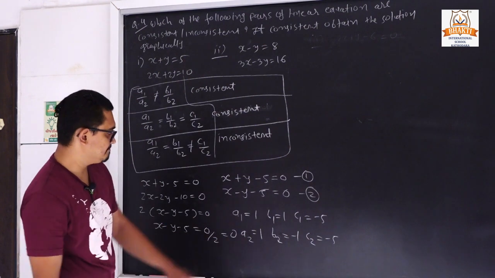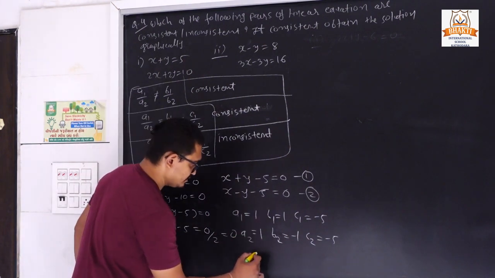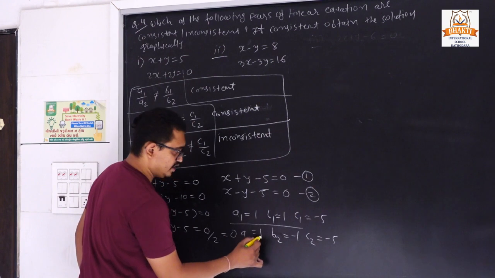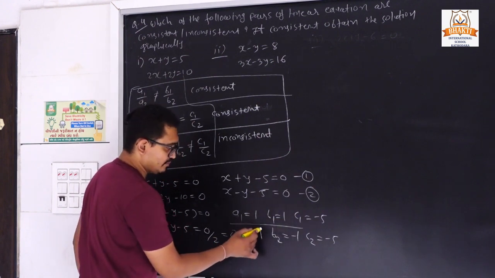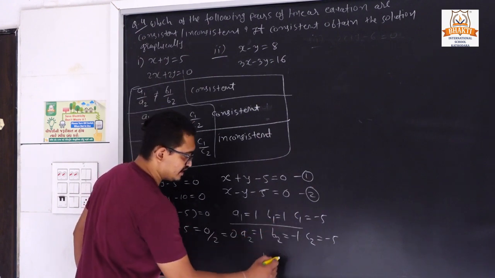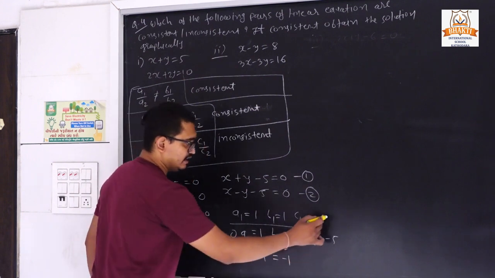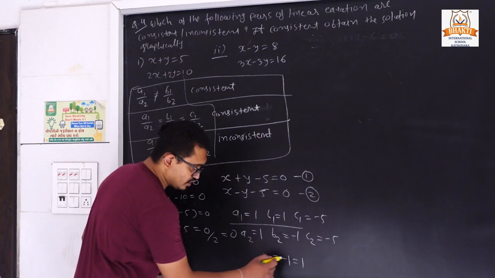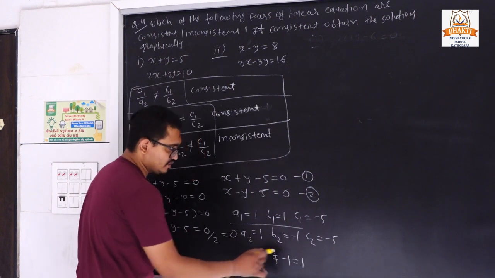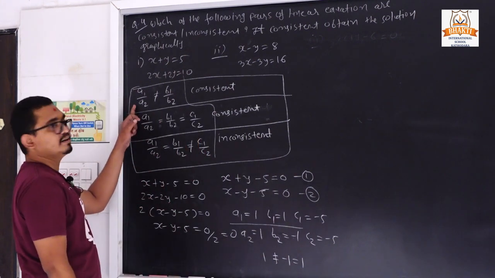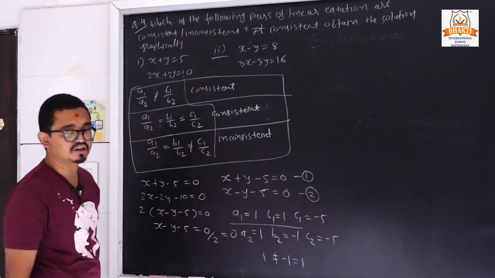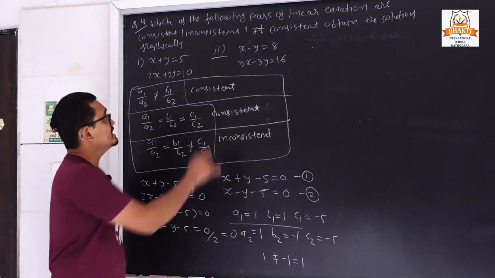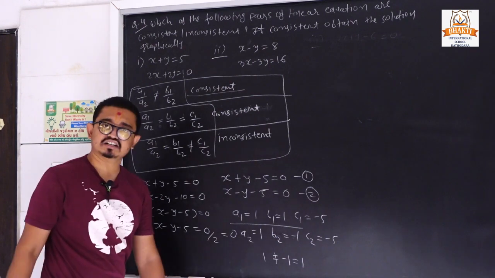So see that a1 upon a2, b1 upon b2. 1 upon 1 is 1, 1 upon minus 1 is minus 1, and 5 and 5 cut, so once again minus. So here these both are not equal. See that. So the first condition is satisfied. a1 upon a2 is not equal to b1 upon b2. So it means what? It is consistent.